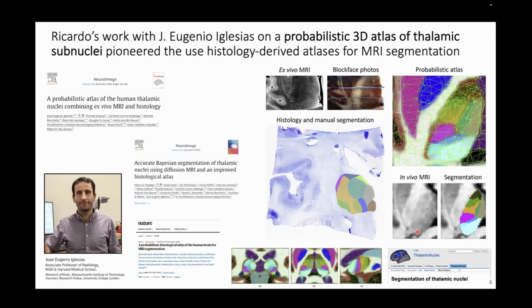It was later extended to account for diffusion tractography, and eventually, in the last couple of years, Eugenio went on to develop a much larger histological atlas of the whole brain. So there's this whole dimension of Ricardo's work that's incorporated into FreeSurfer that we get to have for posterity.